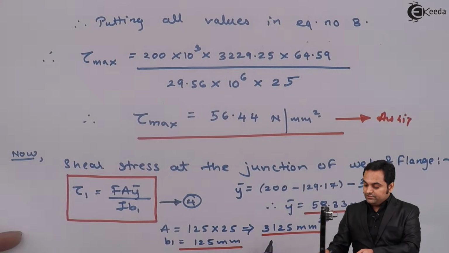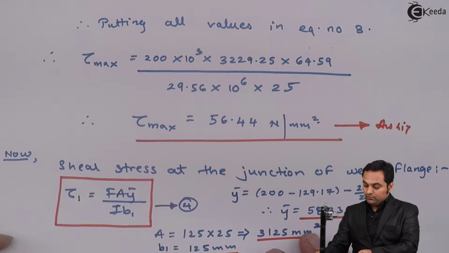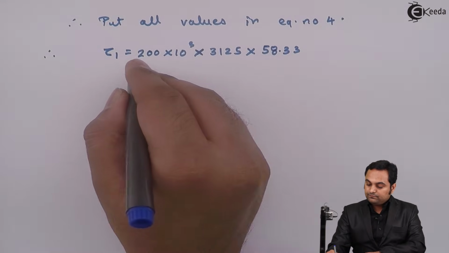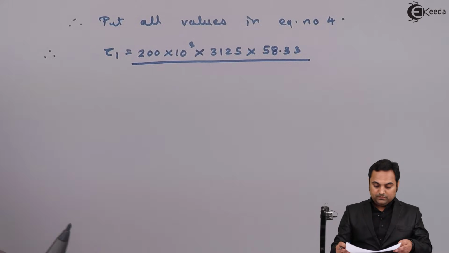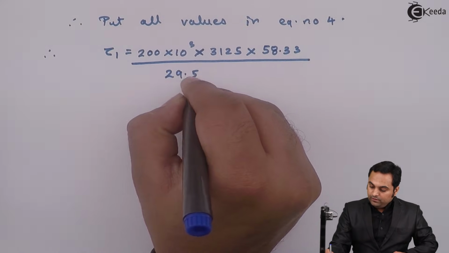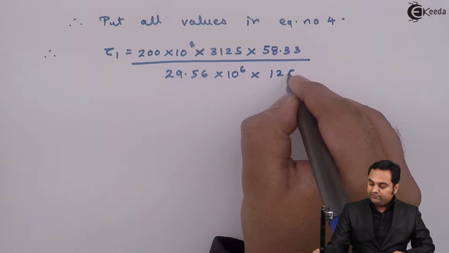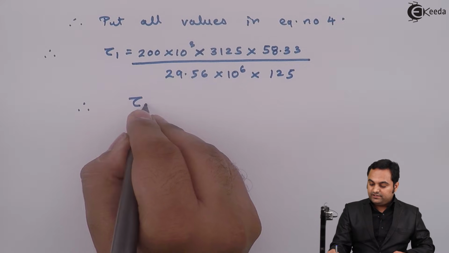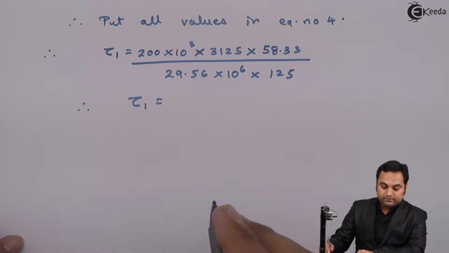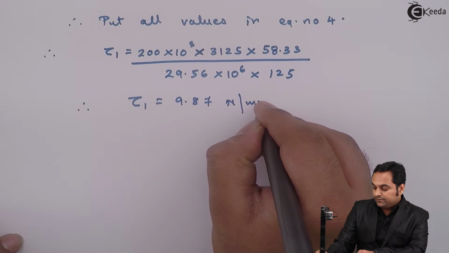Area we have found out, it is 3125, into y bar, which is 58.33, upon I into B1. I was 29.56 into 10 raised to 6 and B1 value is 125. From this I'll get the answer of tau 1 and it comes out to be 9.87 Newton per mm square.